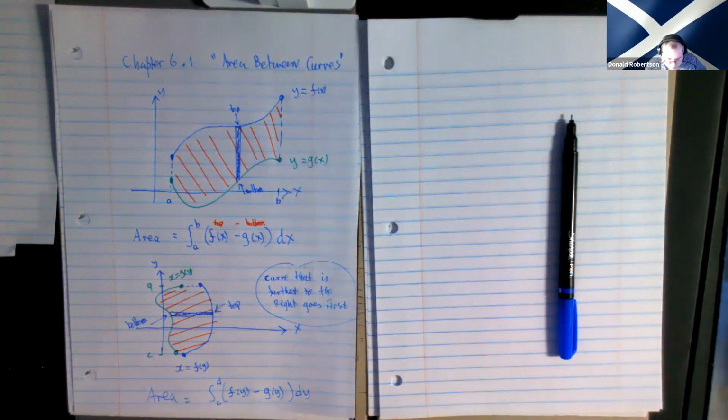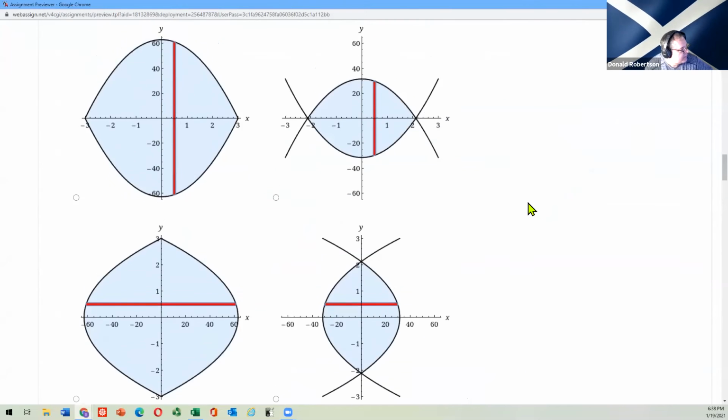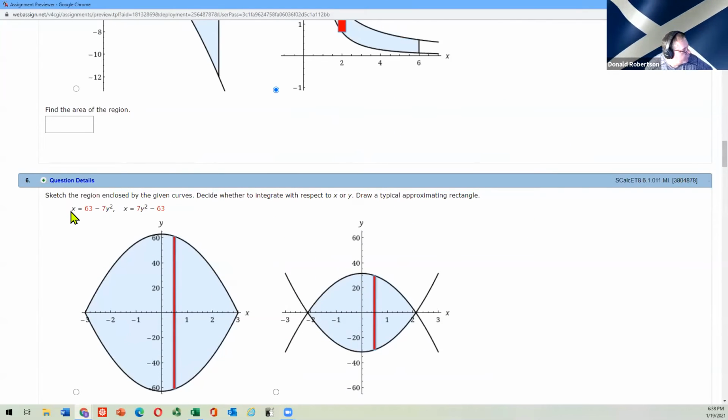I'm going to show you another one of those 4 picture things, and we'll see if we can figure out which the answer might be as a picture. We want to know the area between x equals this ugly guy and x equals that ugly guy.